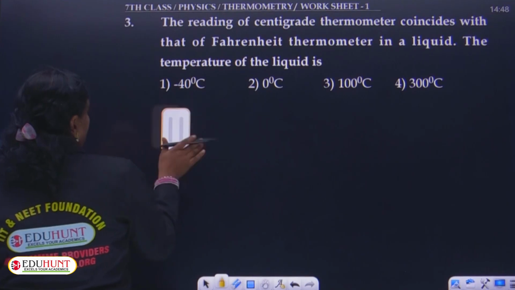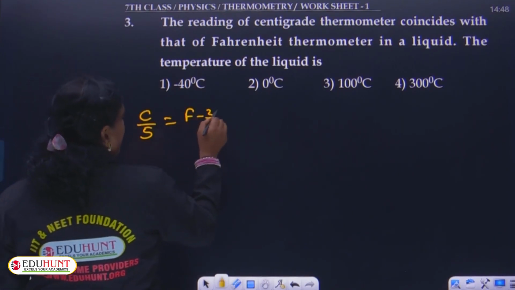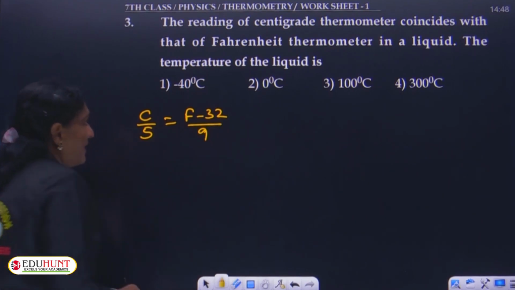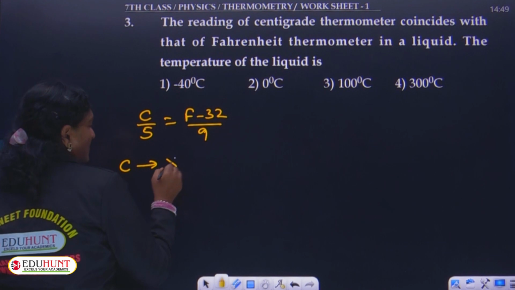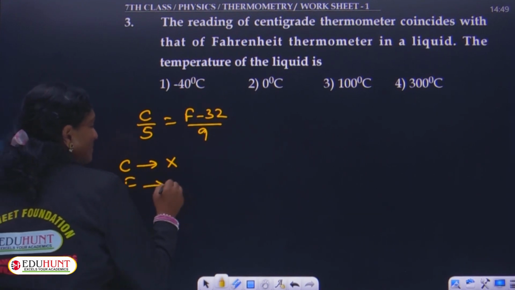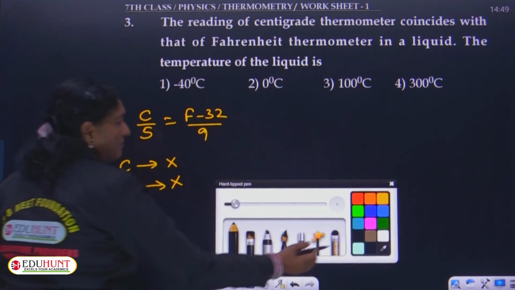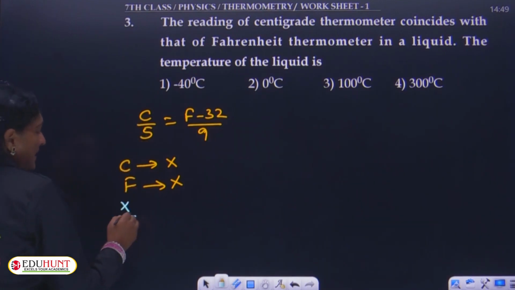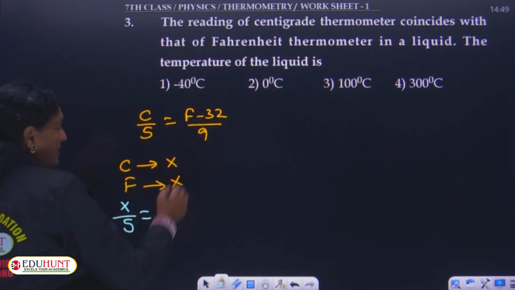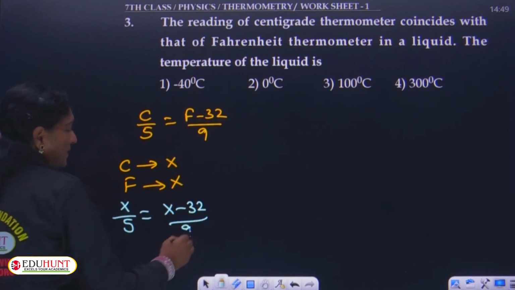C upon 5 equals F minus 32 upon 9. If C indicates x, then F must also indicate x, and you are asked to find the reading x. Substituting in the above formula, instead of C, I can replace it with x upon 5, equated to F, also taken as x, minus 32 upon 9.